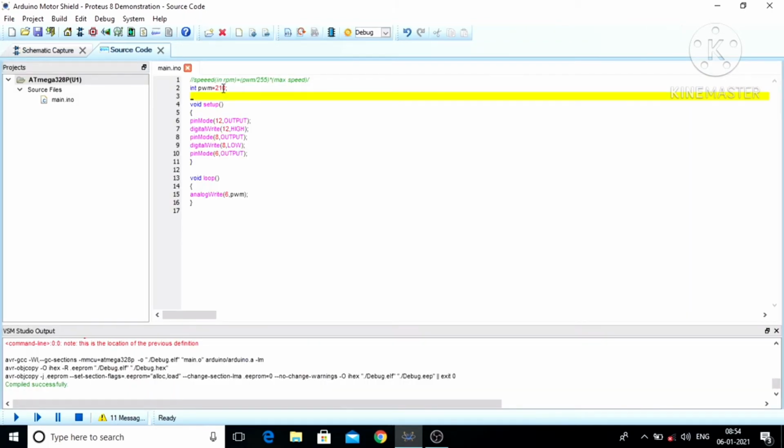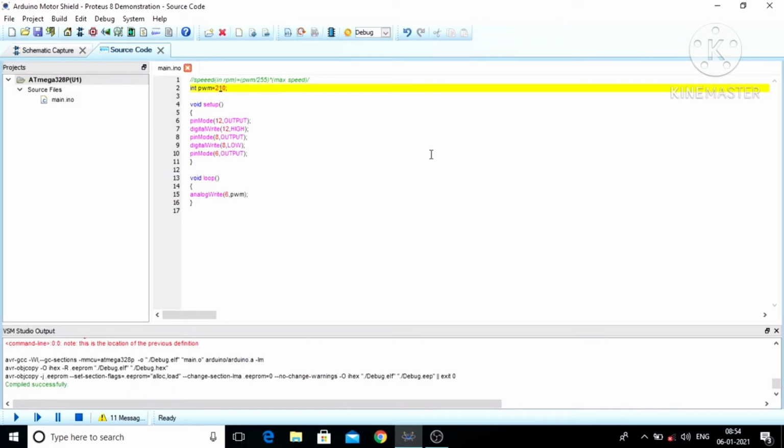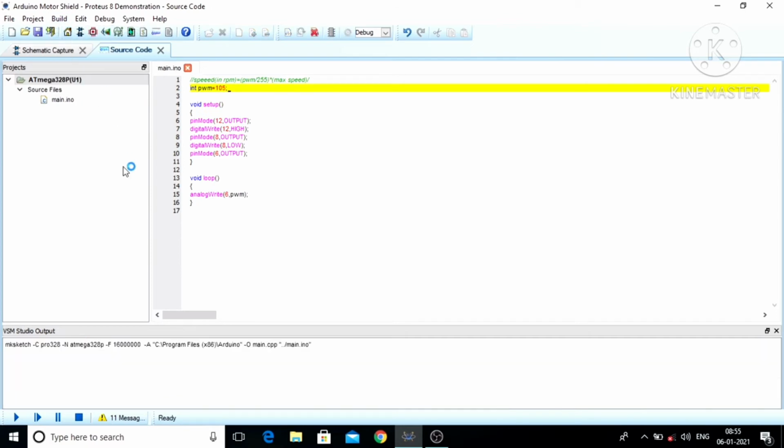Now I will change the PWM value to 105, which is half of 210. So the speed of the motor should decrease by half, as it is directly proportional to average voltage.